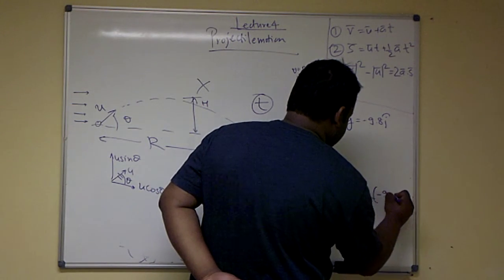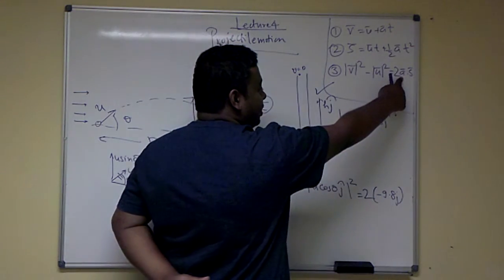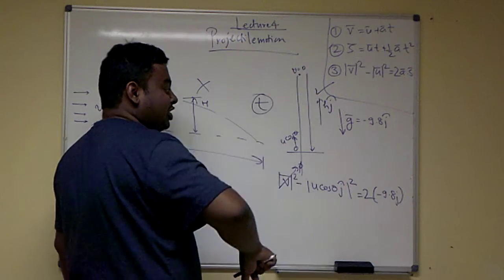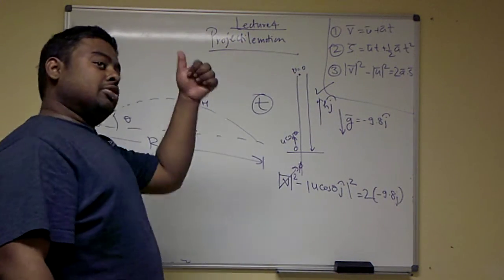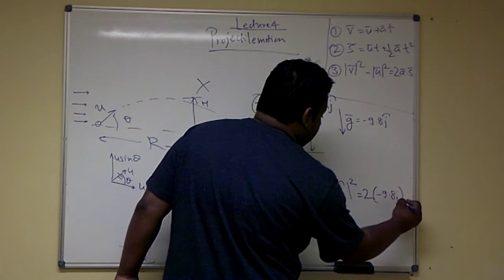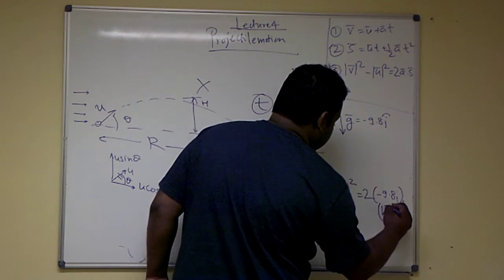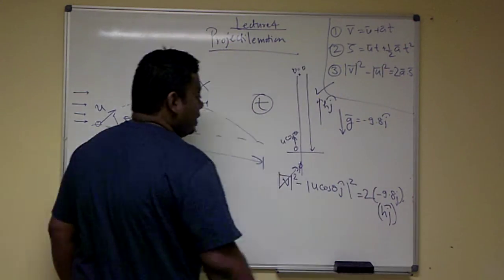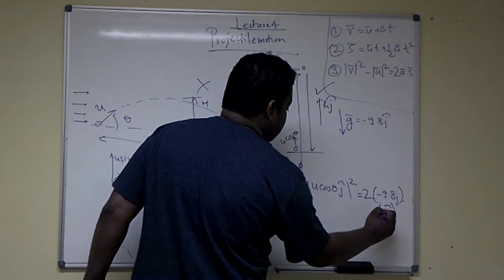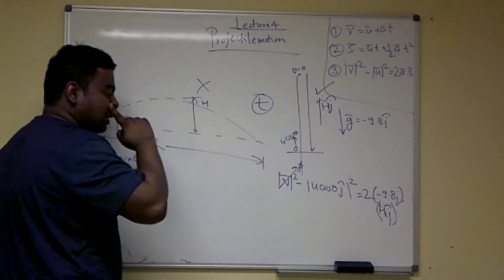Minus 9.8 j cap as far as the acceleration part is concerned, because it is in the opposite direction, it's facing downwards when the ball is moving upwards. So that is minus 9.8 j cap dotted with the height in the positive j cap direction, and let's say that the height it achieves is capital H j cap, right?